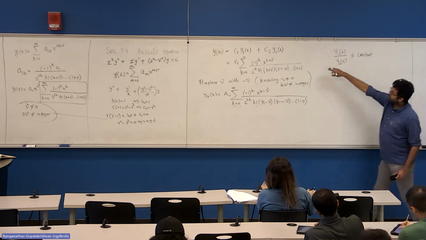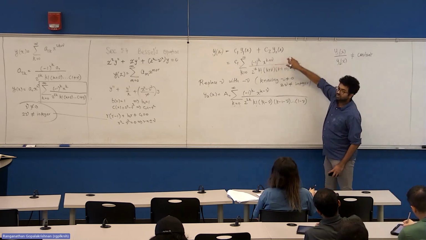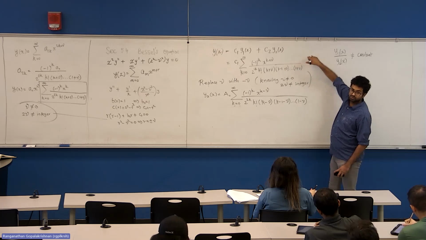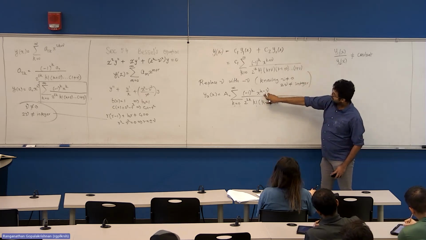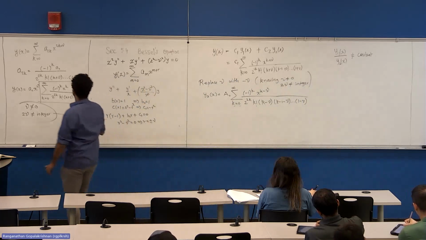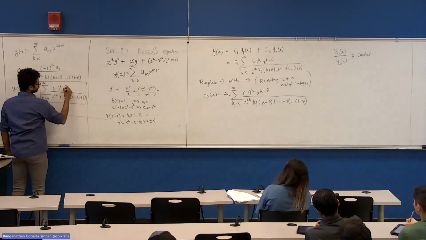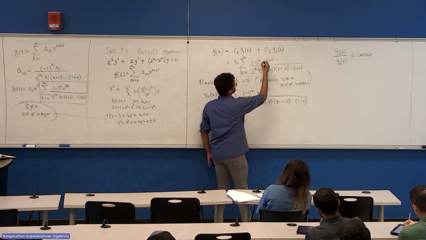This is an infinite series with terms which are x power nu, x power 2 plus nu, 4 plus nu, and so on. This would be a term. Wait, I made a mistake here. This should be x power 2k, because we can have only even powers.